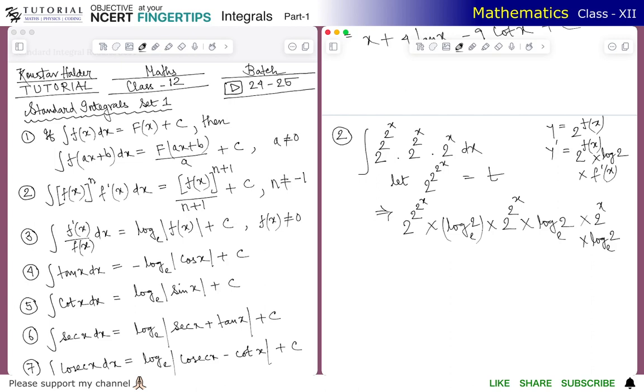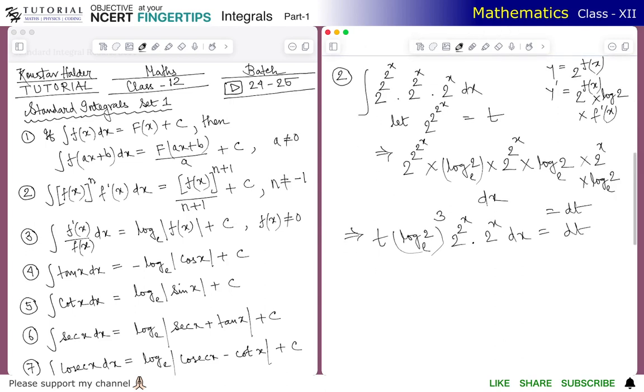So this, and dx equals dt. This implies this whole thing was t, and I get log e 2 three times, so log e 2 cube, and let this remain because I already have this in the integrand.